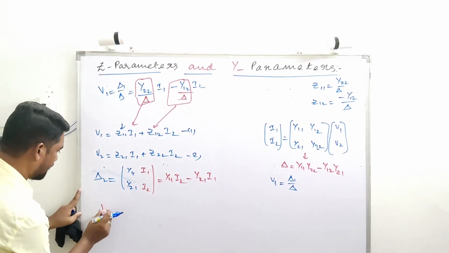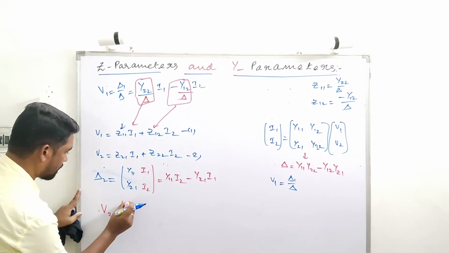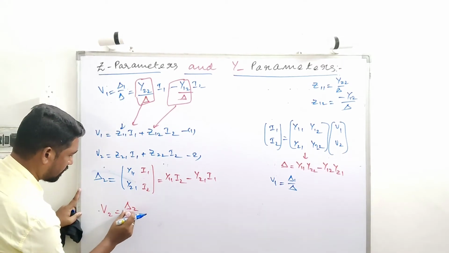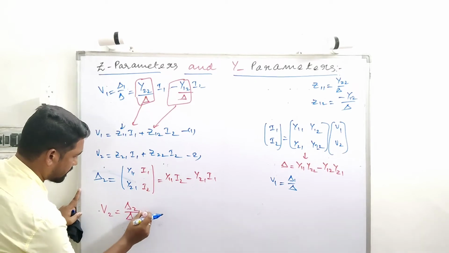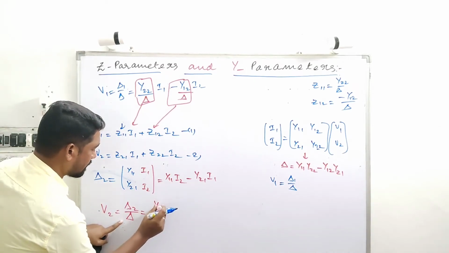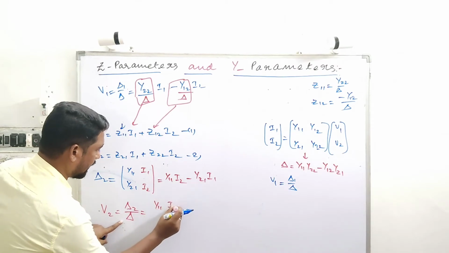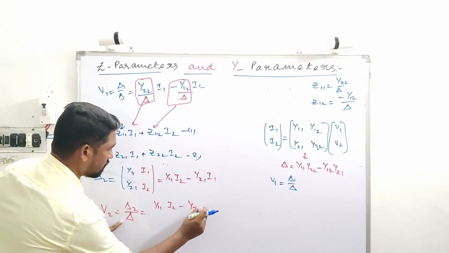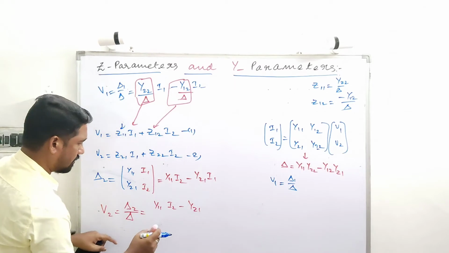So V2 can be evaluated using the ratio del 2 by del. Del 2 is Y11 I2 minus Y21 I1.